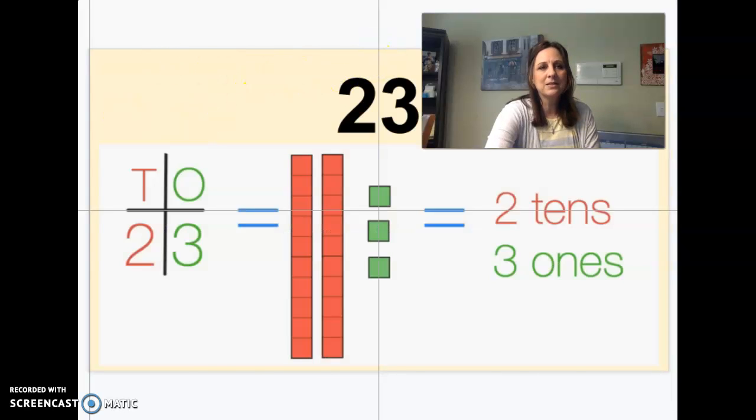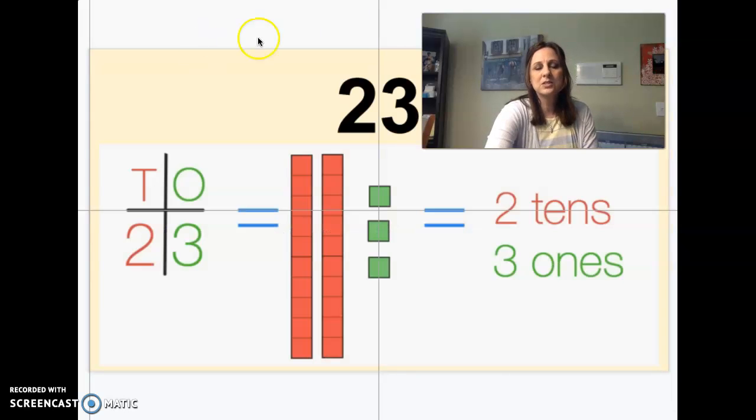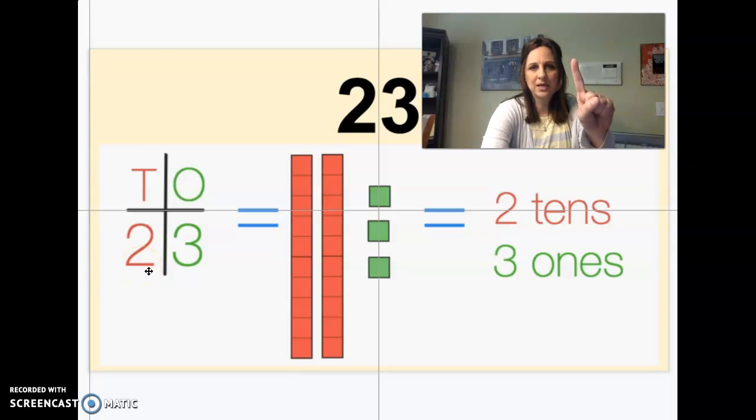So that means basically when we talk about 2-digit numbers representing amounts of tens and ones, the number 23 means that there are 2 tens and 3 ones. And so we've got our place value chart here, tens and ones. And so 2 tens means 20: 10, 20. That's what 2 tens means.